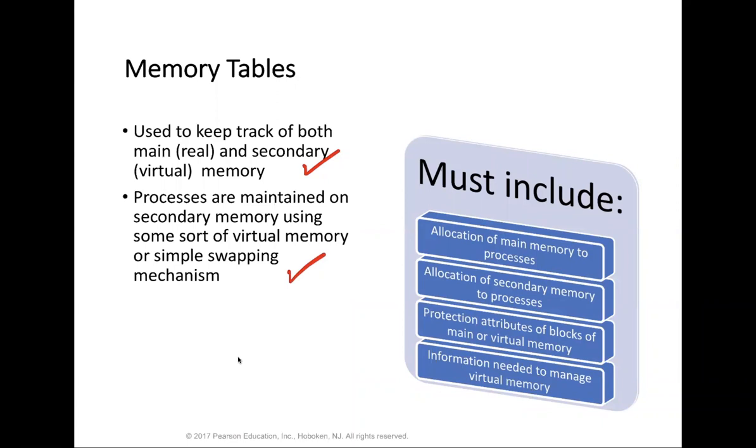The memory tables must include the following information. We must include information about the allocation of main memory to processes, the allocation of secondary memory to processes. Also, we need information about any protection attributes of blocks of main memory or even virtual memory, such as which process may access certain shared memory regions.